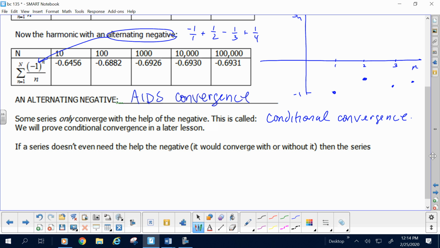But for now, a wee bit more vocabulary. Now, if a series doesn't even need the help of the negative, it would converge if it had the alternating negative. If it didn't have the alternating negative, wouldn't matter. It still would converge. Then the series converges absolutely. Think absolute value. Remove the sign.